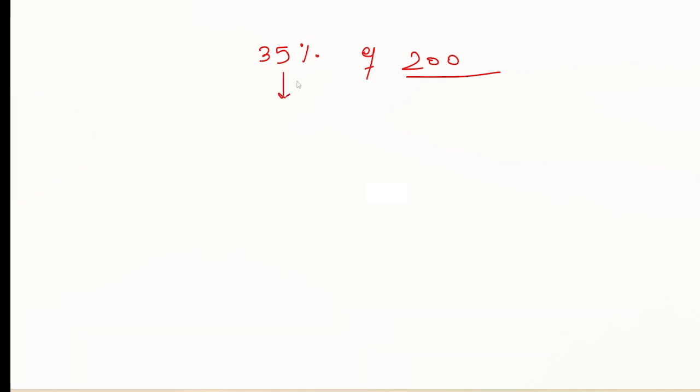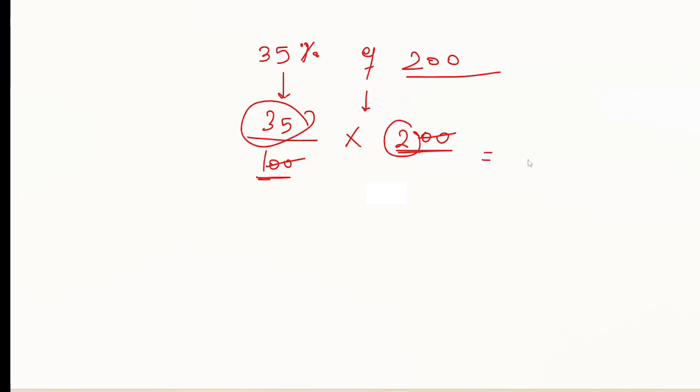First of all, you would remove the percentage sign. Whenever we remove a percentage sign, we get 100 in the denominator. Of means multiplication, and then you just write 200 there. So 35 over 100, either you can convert it into a decimal and then multiply, or here you see these two zeros cancel out with these two, because this is a numerator and this is a denominator, so you can just cancel out, and then you multiply 35 with 2, so we get 70.